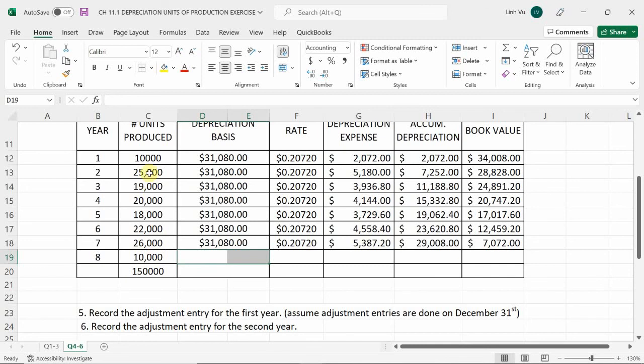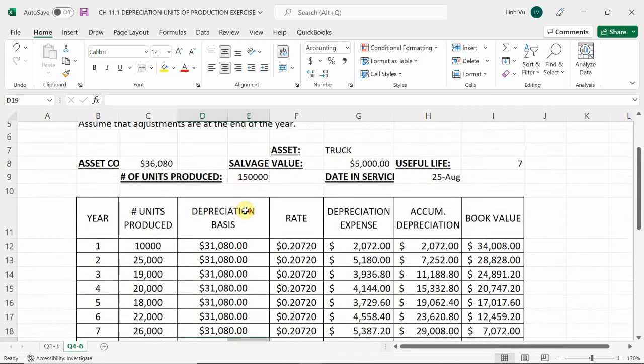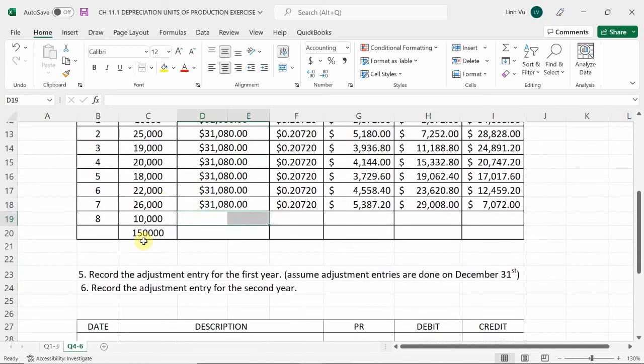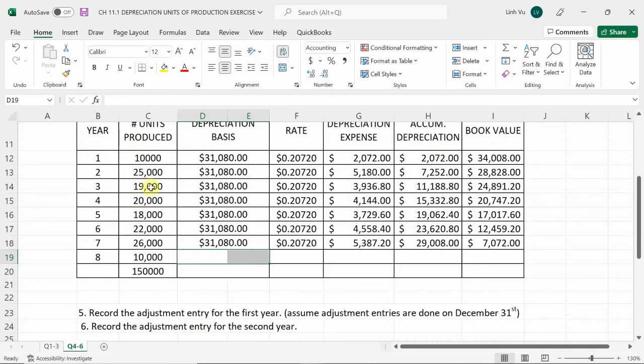You're supposed to add this up because this is your capacity, driving miles. Your capacity is 150,000 miles. Okay. So in this case, yes, you were in the correct field, but wording was a little different. This is the total miles that you drove, so you could drive 10,000 more miles.